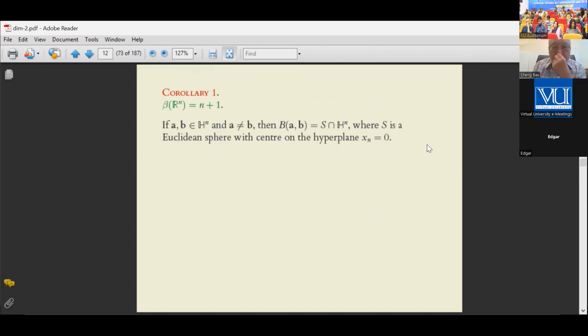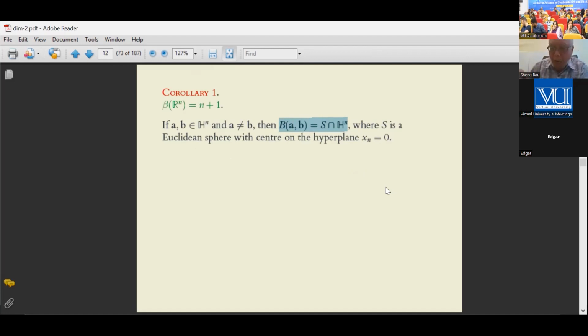Now, in the hyperbolic space, if you take two vectors, we still call them vectors, 2 points in the n-dimensional hyperbolic space, then, if they are not equal, the bisector is equal to S intersect Hn, where S is an Euclidean sphere centered on the hyperplane x sub n equal to 0.